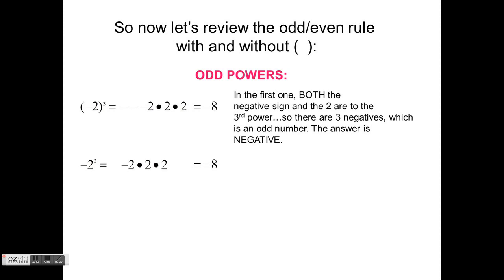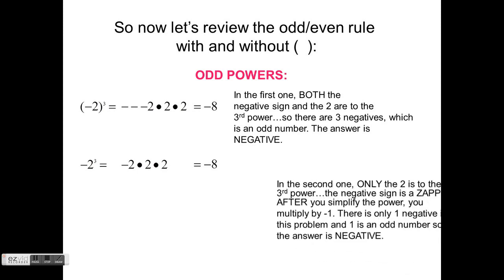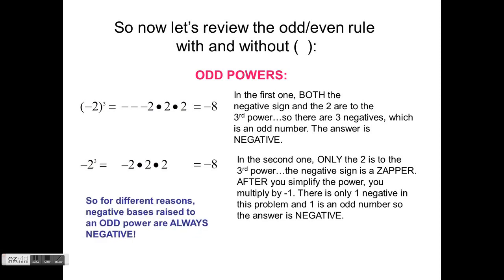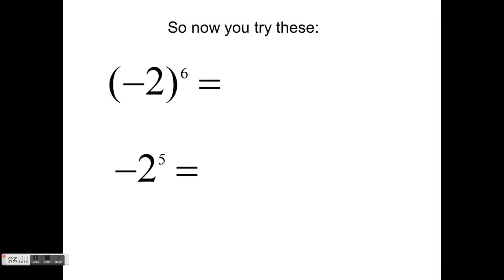That's an odd number of negatives, so that's negative. In the bottom, it has a zapper, which is only 1 negative, but that's still odd, so both of them are negative. So for different reasons, when you raise a negative base to an odd power, you always get a negative answer.